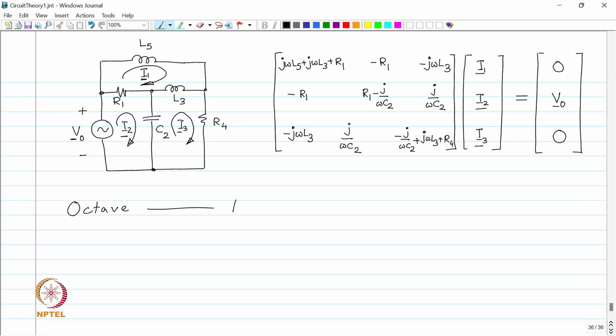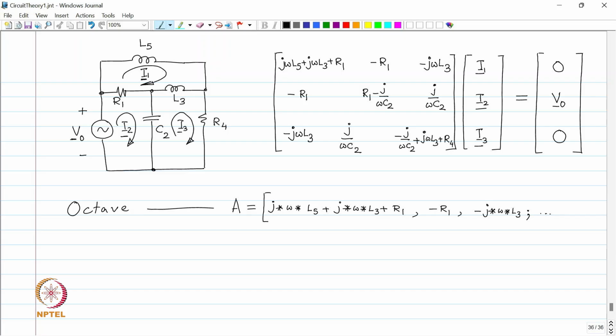You will have to say A is equal to j times omega times L 5 plus j times omega times L 3 plus R 1, comma, then minus R 1, comma, minus j omega L 3, and then the next row is given with a semicolon.